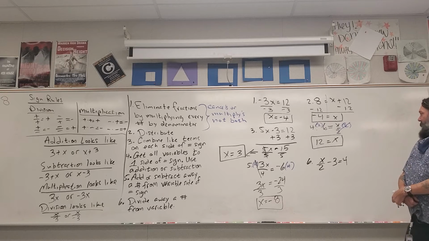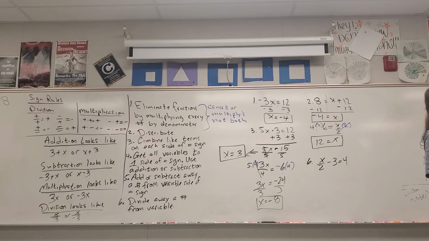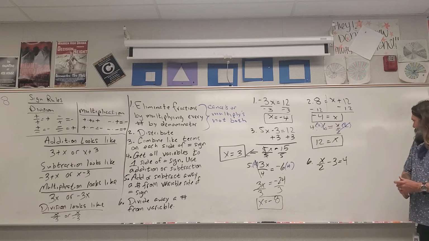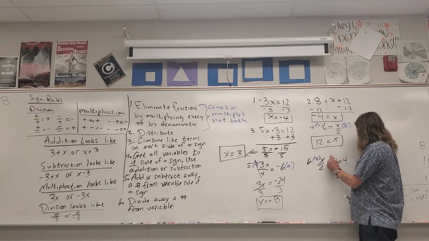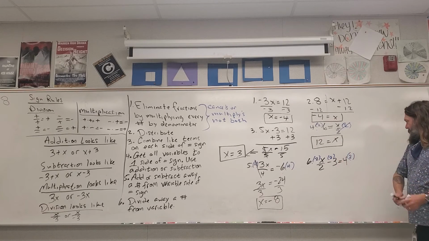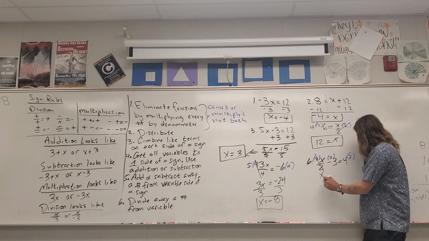Last problem. Again, I can only do steps 1, 5, or 6. That's all the test was about. So let's eliminate the fractions, and I'm going to do that by multiplying everybody by 2. This gets a 2, this gets a 2, and this gets a 2. These cancel. They don't multiply, they cancel. So I have x.